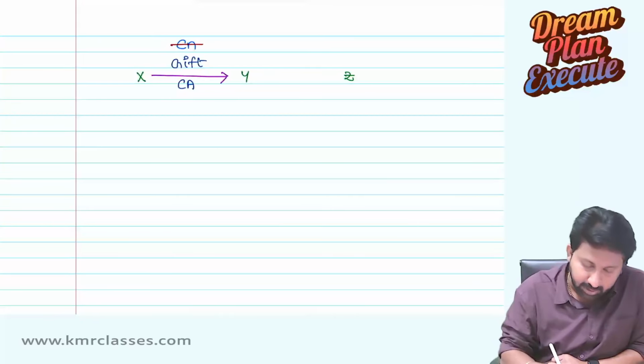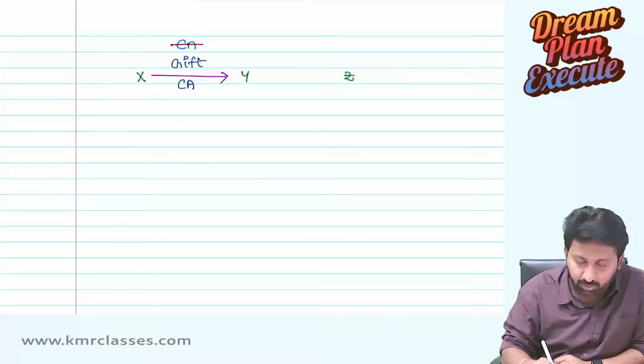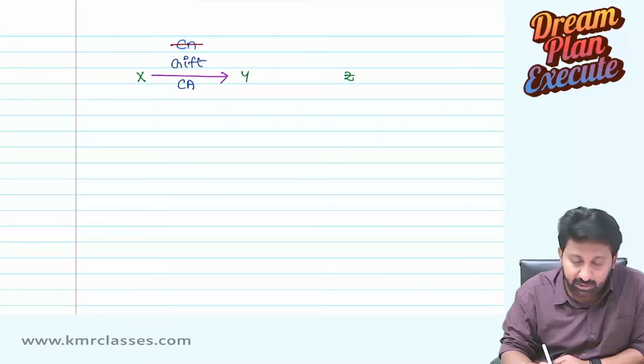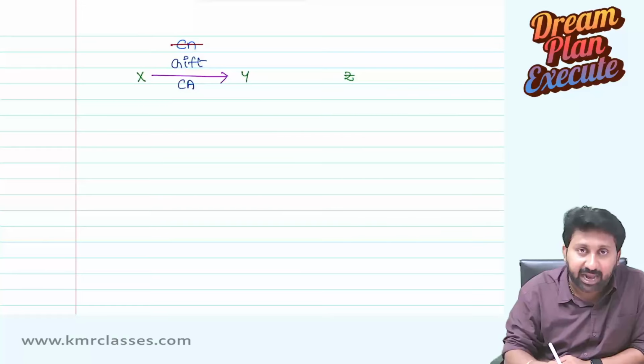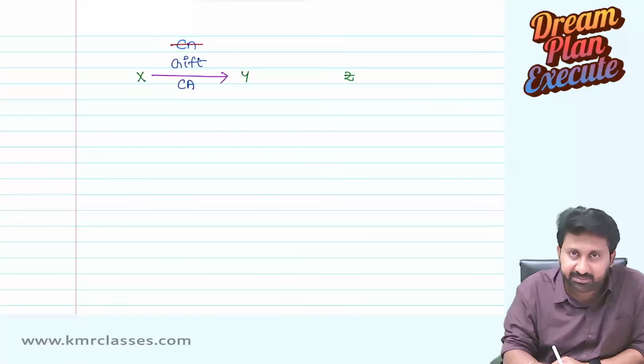Okay. Now what will happen? X is an individual, Y is an individual. Therefore, an individual giving a gift to another individual will not attract capital gain tax, and eventually consideration is missing.